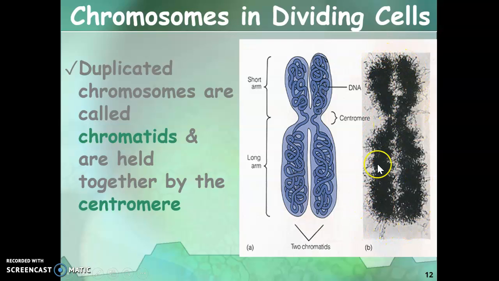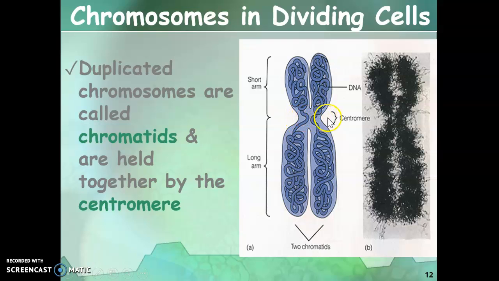And before cell division, they appear as X's. The reason they appear as X's is that before cell division, the DNA replicated, and it needed to replicate to make sure that there is one strand of DNA for each of the daughter cells. And the replicated strands stay together.